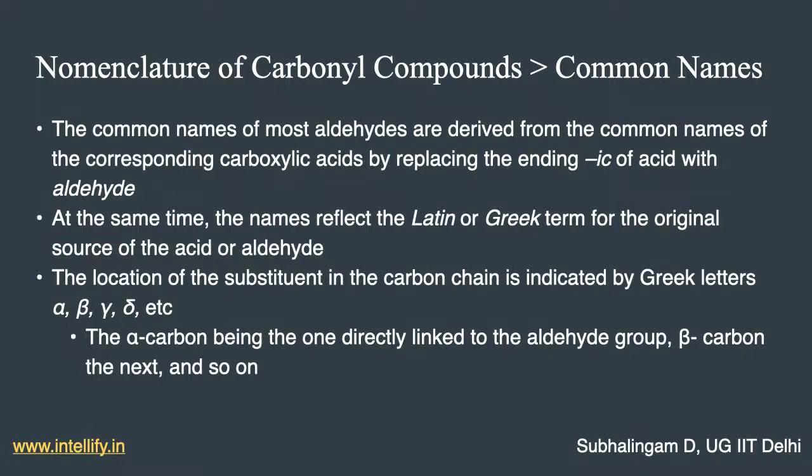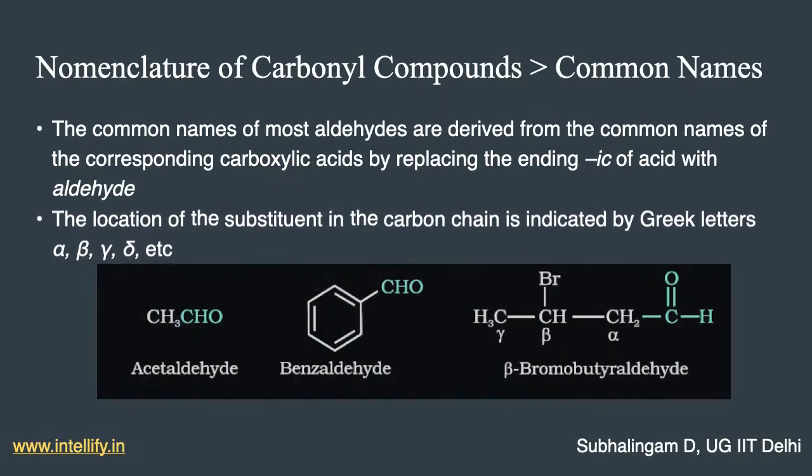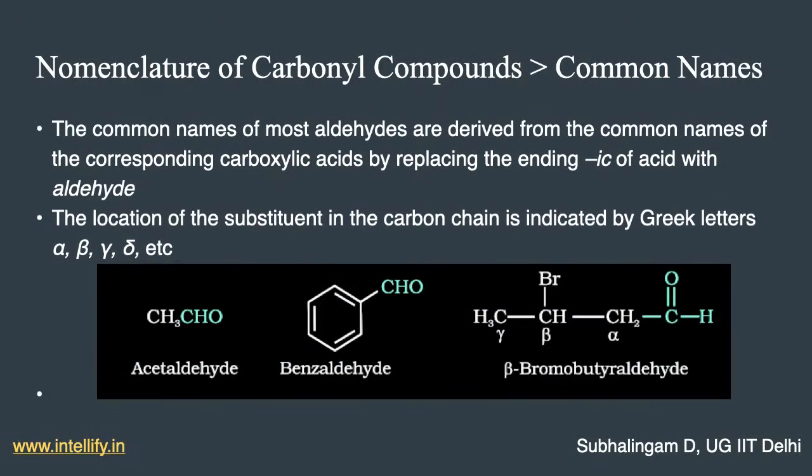The alpha carbon is the one directly linked to the aldehyde group, the beta carbon the next, and so on. So we have acetaldehyde in the first, that is CH3CHO, then benzaldehyde, and in the third compound notice beta-bromo. Why beta? Because the bromo is attached to the second carbon from the CHO group.